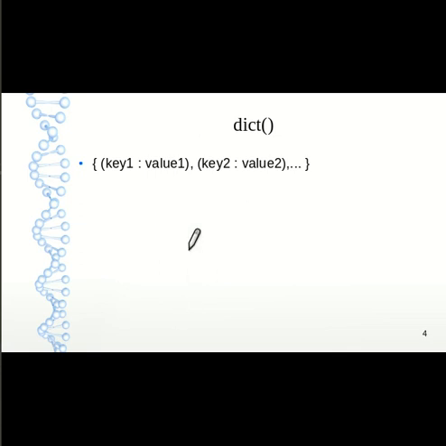In an array we can only define the value. For example, with an array a of 10, we can define what a of 0, a of 1 or a of 2 is, but we cannot define the 0, 1 or 2 themselves. That we cannot change. But in a dictionary we can define the index also, and we can define the value also.